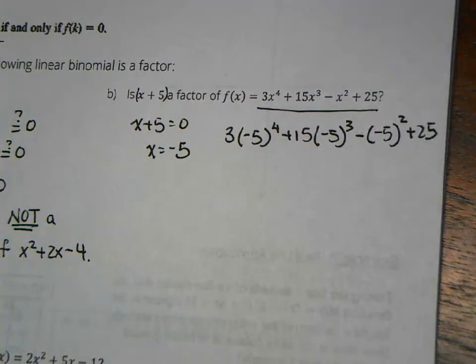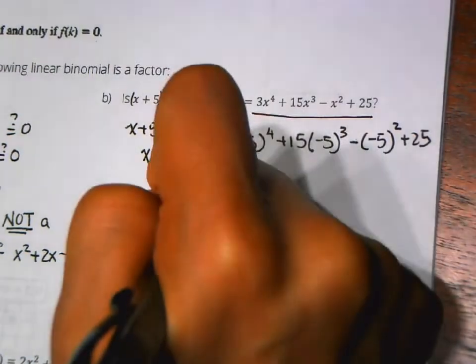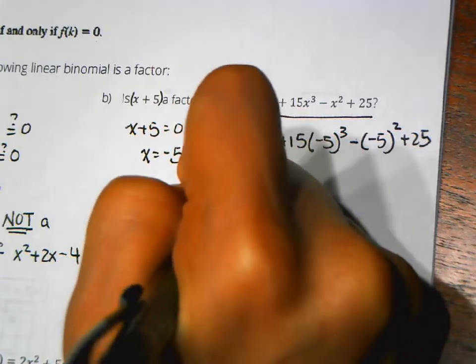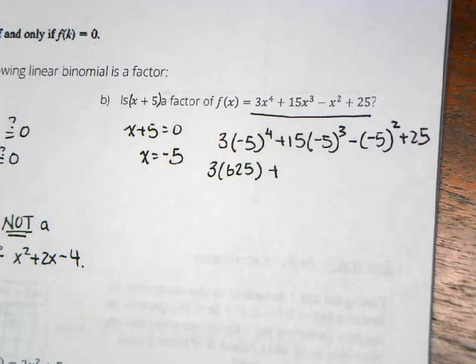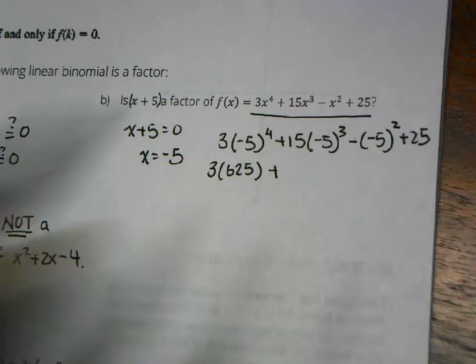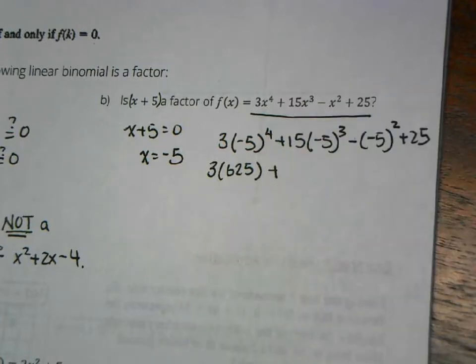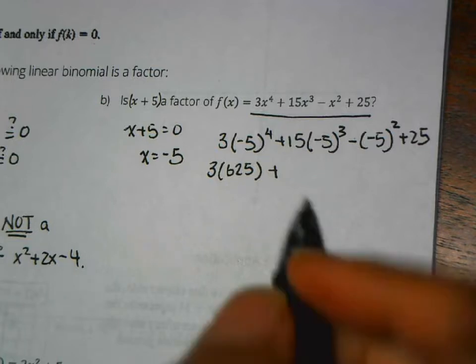So let's check. Negative 5 times negative 5 is positive 25. 25 times 25 is 625. So that's 3 times 625, plus negative 5 times negative 5 is 25. 25 times negative 5 is negative 125.